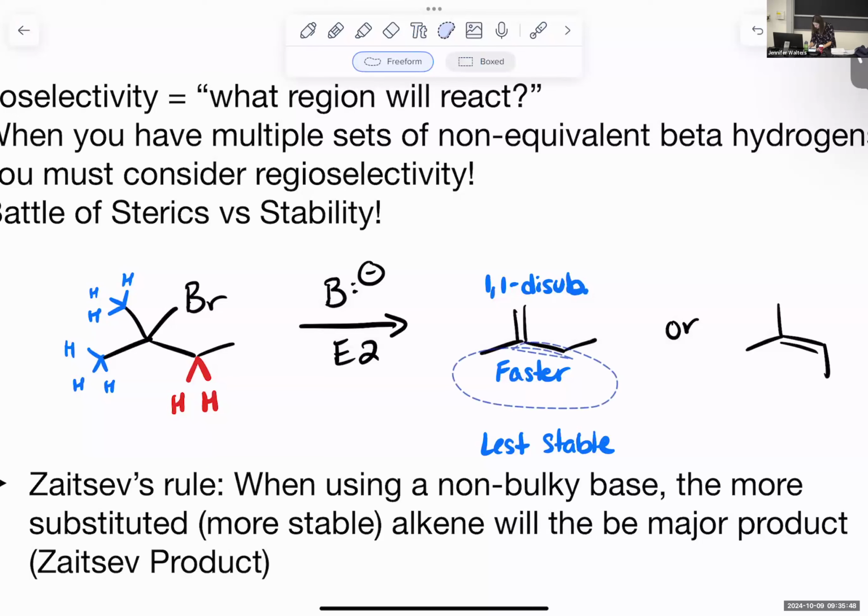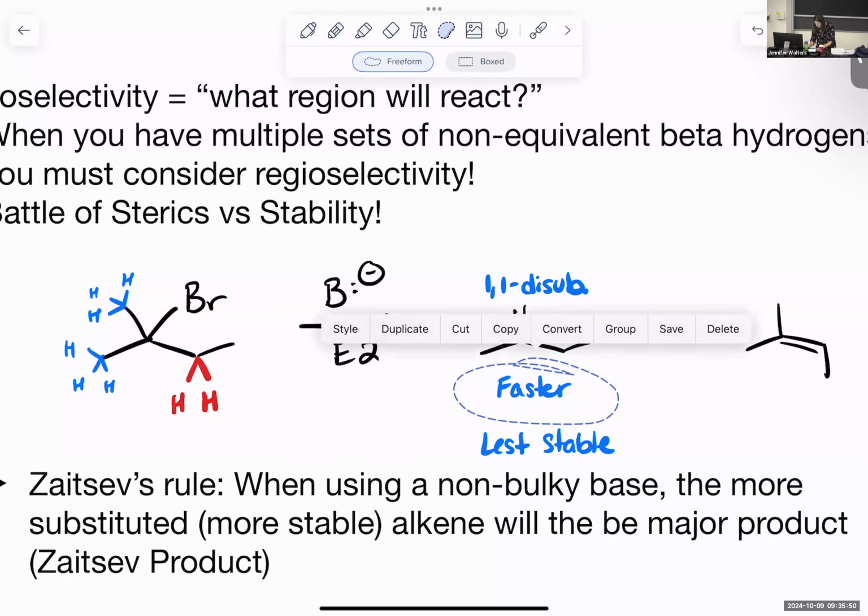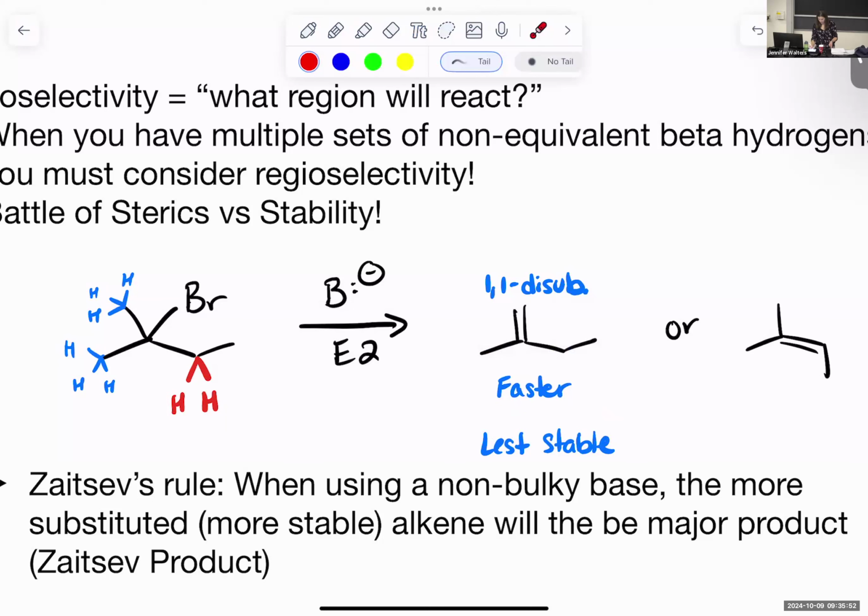It's faster because probability is on my side, right? I have a whole bunch of them to take, but it's less stable. That means that this is going to be my kinetic product.